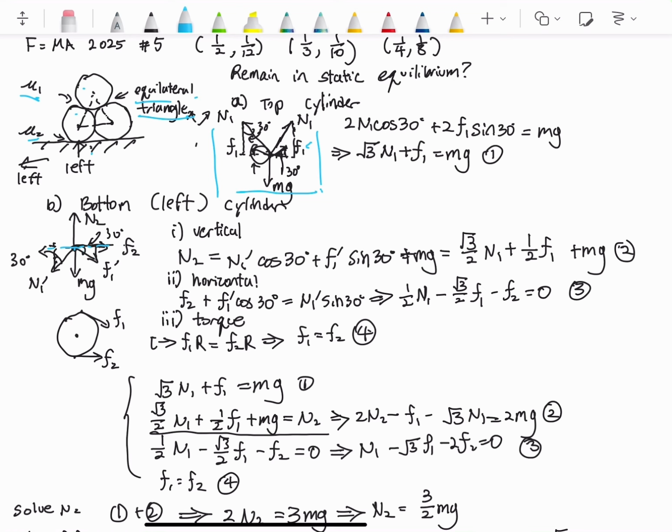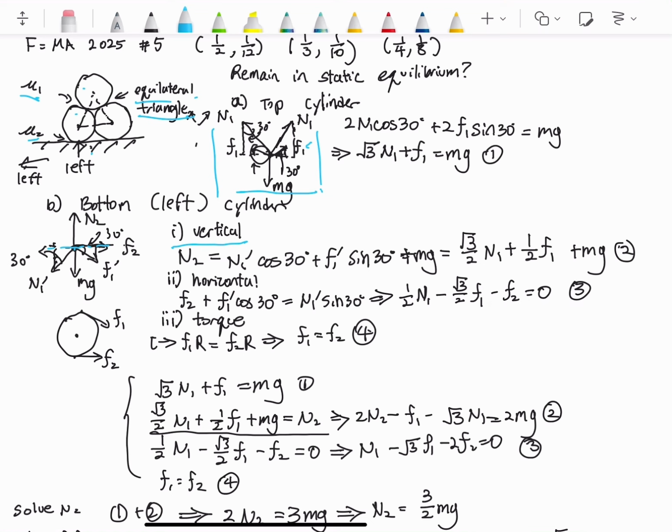And we also have the normal force from the ground N2 and the frictional force from the ground F2. From this free body diagram, we first get the equation in the vertical direction, so N2 is equal to this. And horizontally, we can do the same thing, and we get this equation.